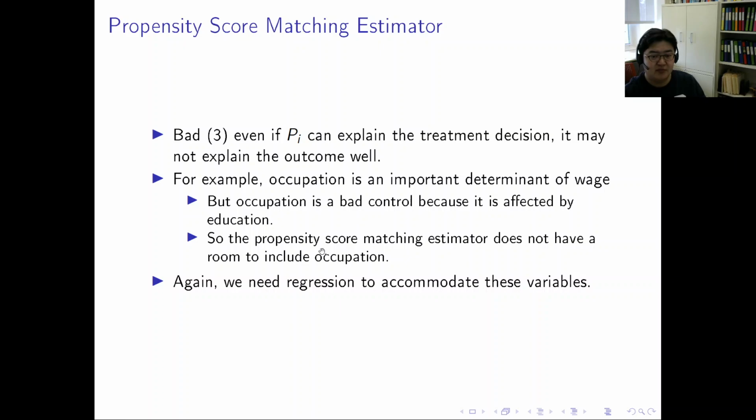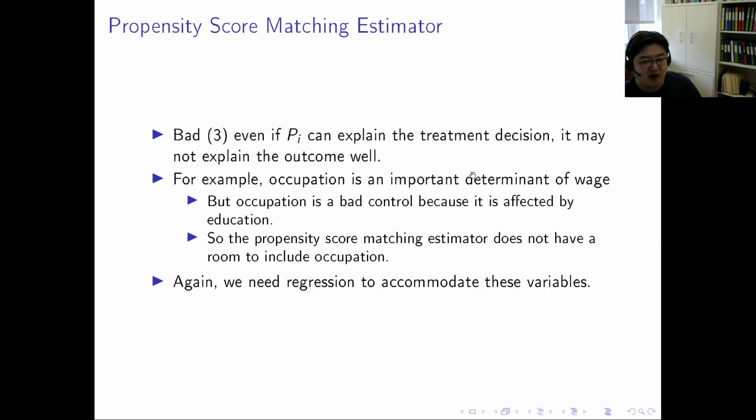Then how can you do that? We want to utilize the occupation, but the propensity score does not have any room to include this variable. So this is another problem of the propensity score matching.